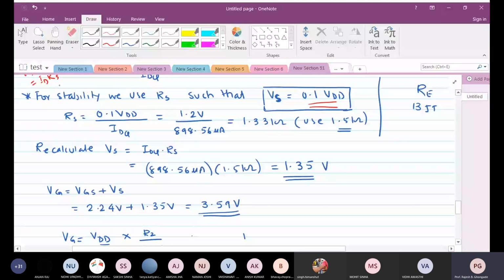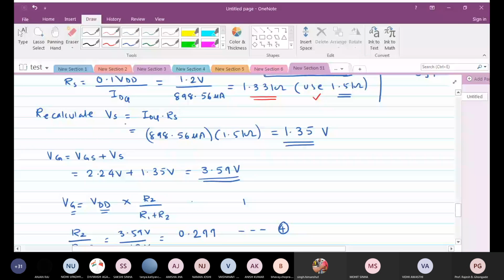Then Rs turns out to be 1.33 kilo ohms. I'll use a standard value of 1.5 kilo ohms. So now we have to recalculate Vs because you are using a different value from the one calculated, and that happens to be 1.35 volts. So Vs happens to be 1.35 volts.